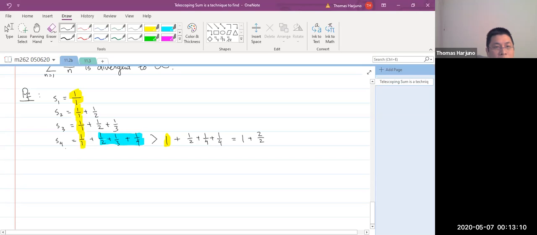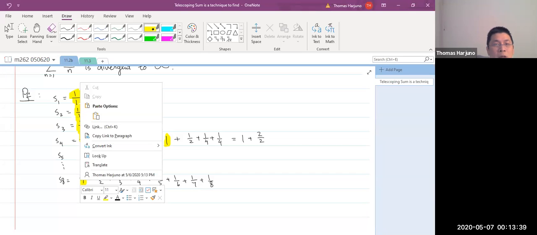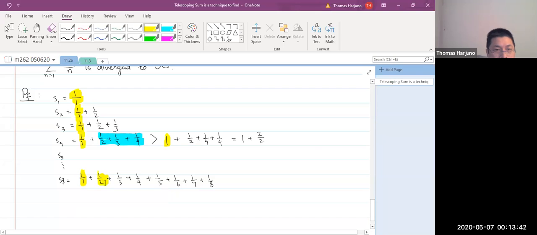Okay. Now the thing is, for S5 all the way to S8, it's 1/1 plus 1/2 plus 1/3 plus 1/4 plus 1/5 plus 1/6 plus 1/7 plus 1/8. Now notice that this gives me 1. This gives me another more than 1.